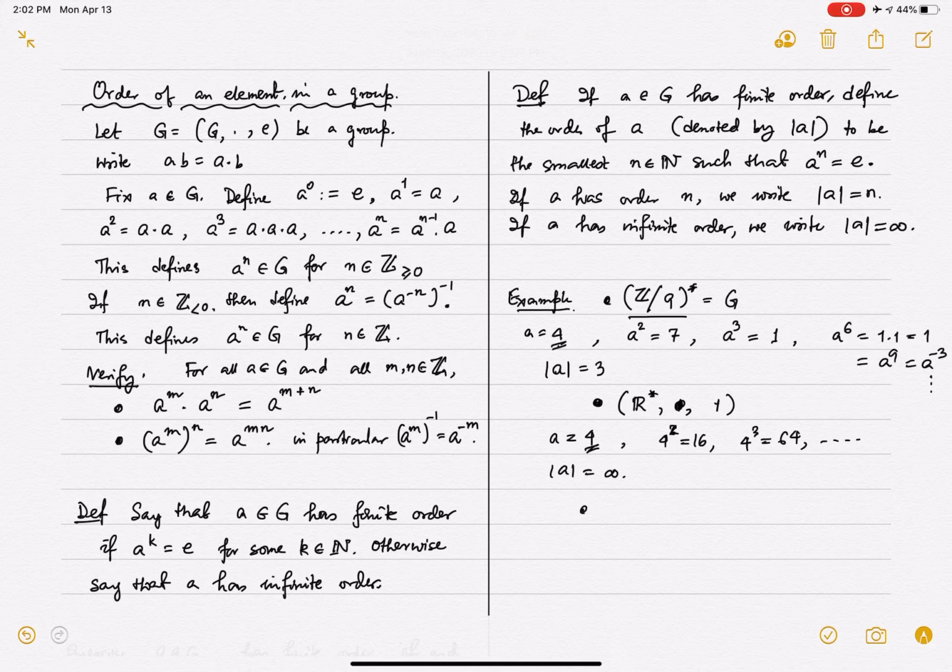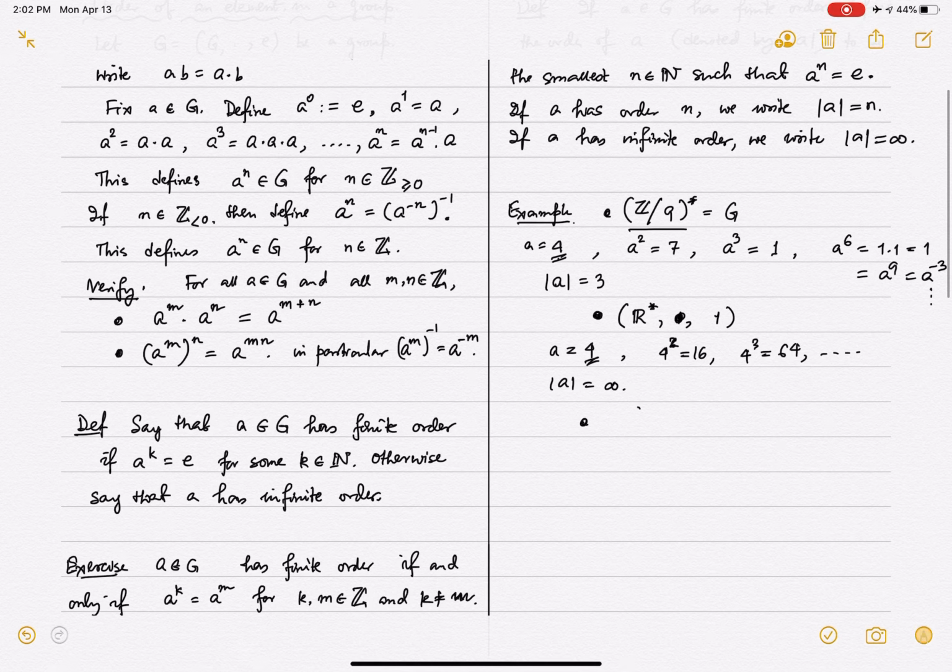Okay. If you take another example, here is a permutation of 4 letters. This is an element of S4. Let's call that a. What does this do? One way to picture it: it takes 1 to 2, 2 to 4, and then 4 back to 1, and it takes 3 to 3.